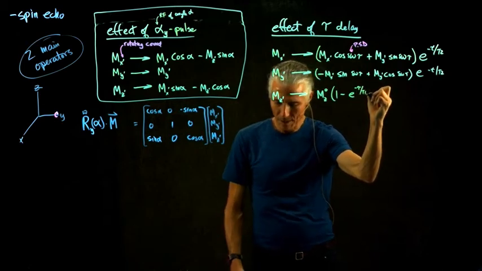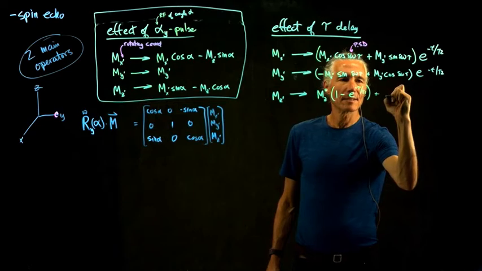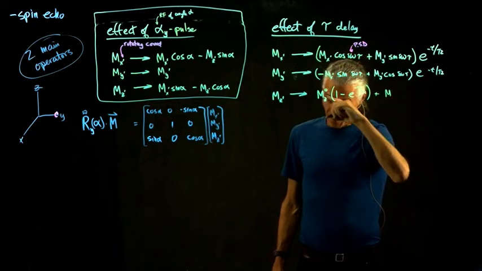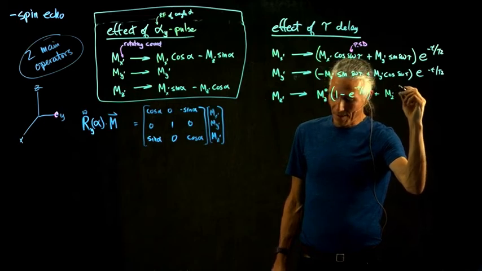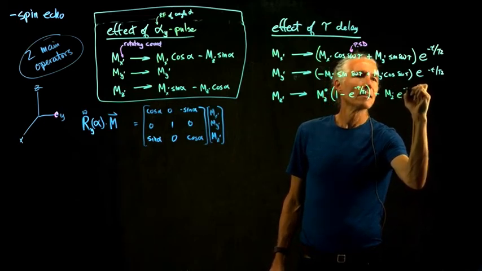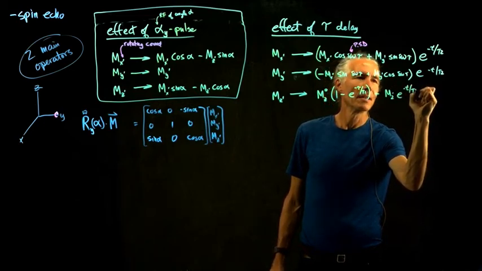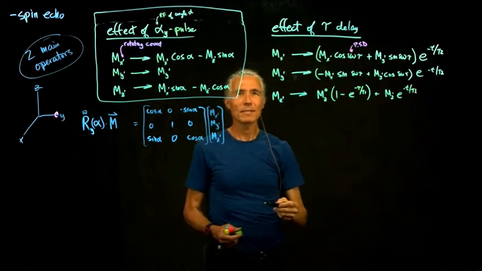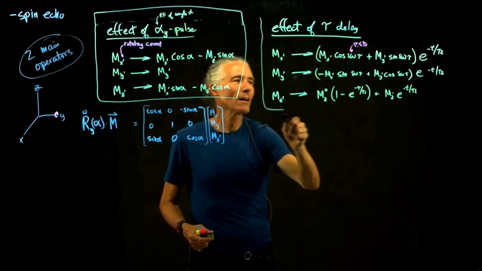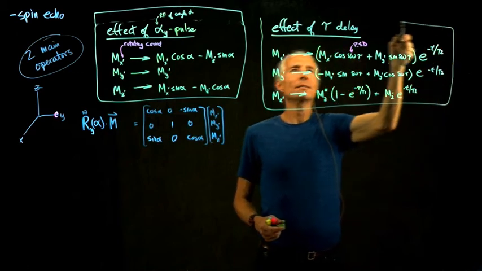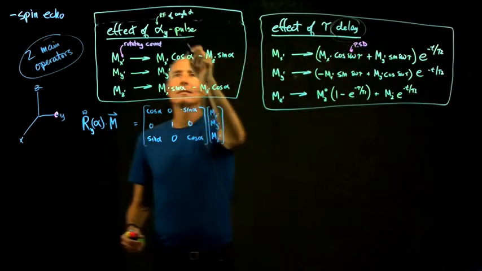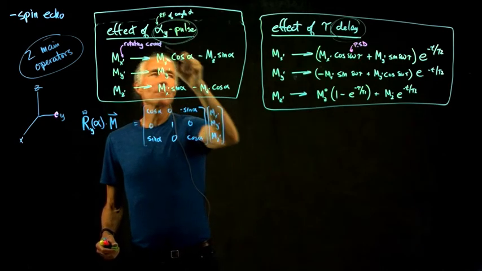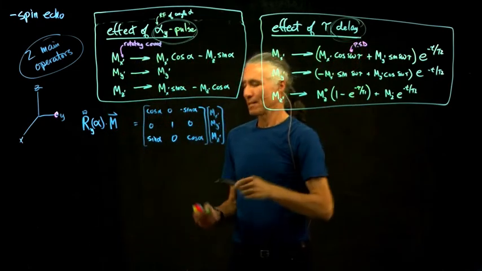This was just our solution to the Bloch equation, plus the mz e to minus t over t1. Okay, so this is how we mess with the vectors to account for a delay. This was when we do RF pulses and then delays.